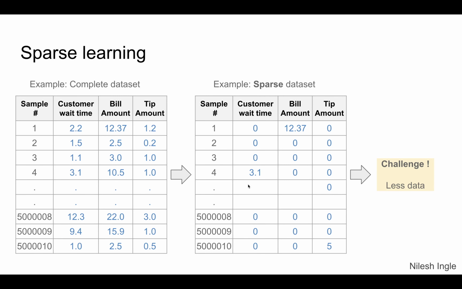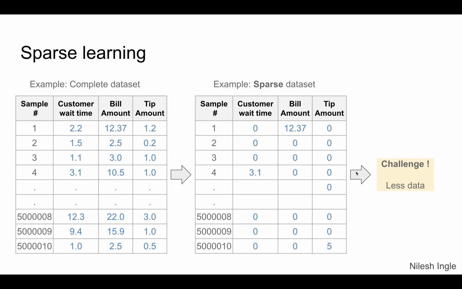However, you may run into instances where most of the values in a data set could be zero. There could be several reasons for this, but if there are zero values, then that is called a sparse data set. And scikit-learn can handle sparse data sets as well.